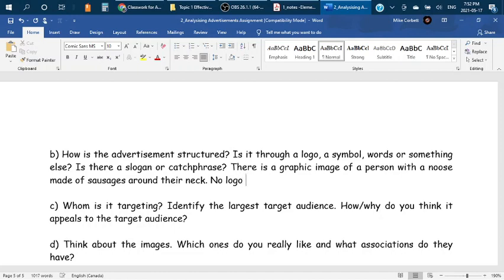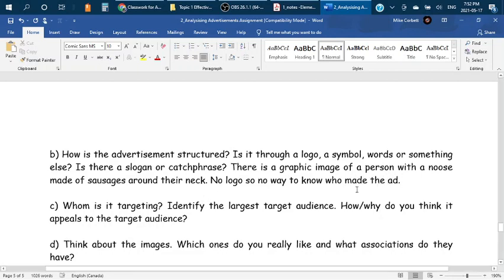No logo, so no way to know who made the ad. So that's not good. It's not good to not have your logo, because now we don't know who made the ad. We don't know how to get in contact with them to get more information about what was going on here.